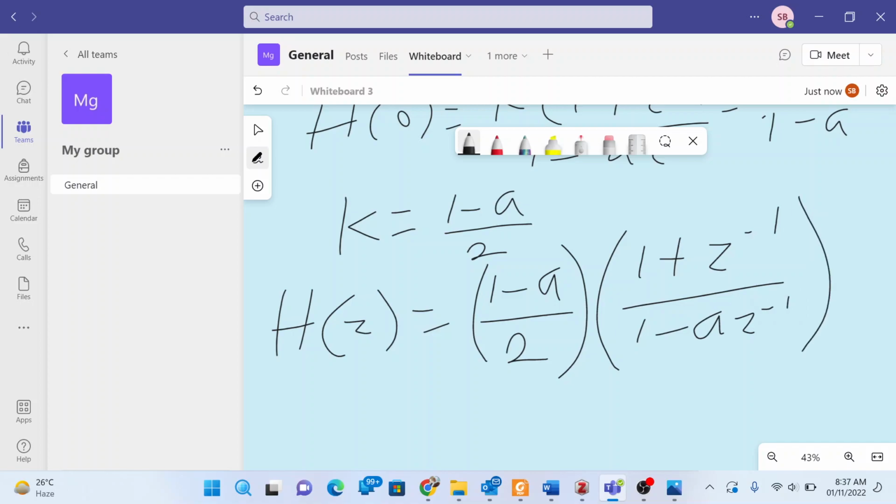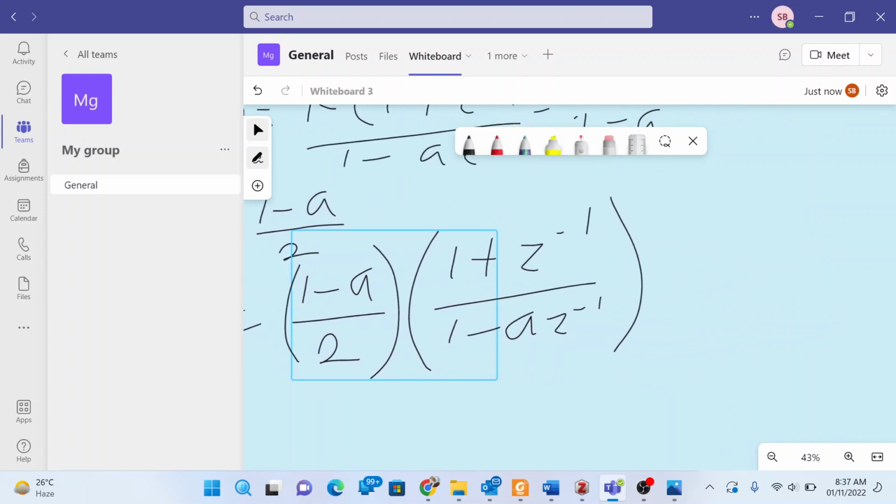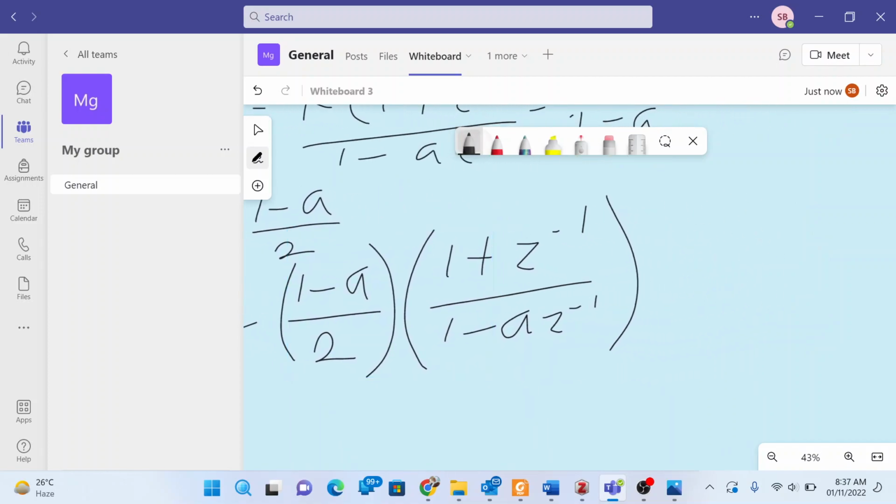So this is the general expression for the low pass filter. And at this point, a is within the range 0 and 1.